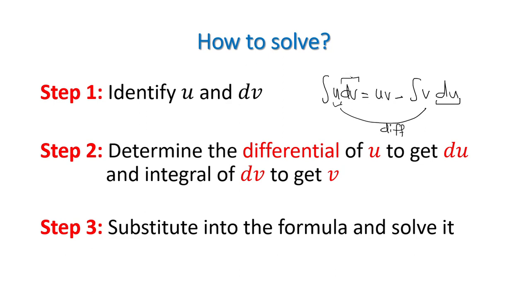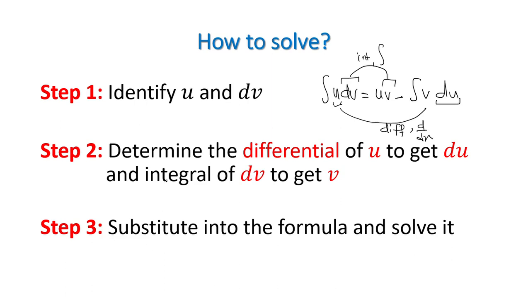Once you have dv, to get v you integrate. Here you differentiate, there you integrate, so it seems contradictory. Step number 2, determine the differential of u to get du and the integral of dv to get v. Step number 3 is to substitute into the formula of integration by parts and solve it.